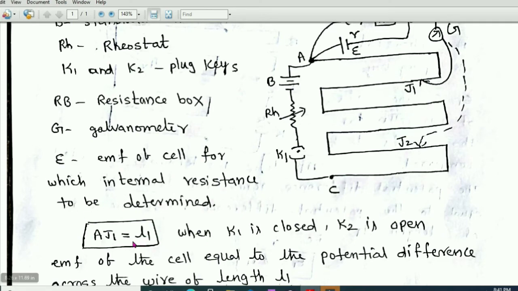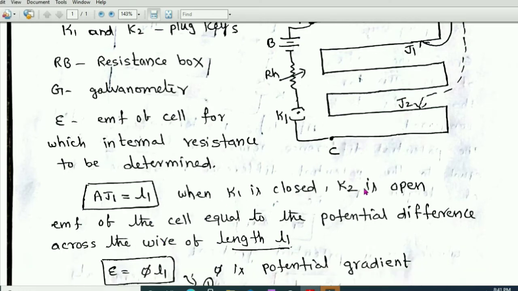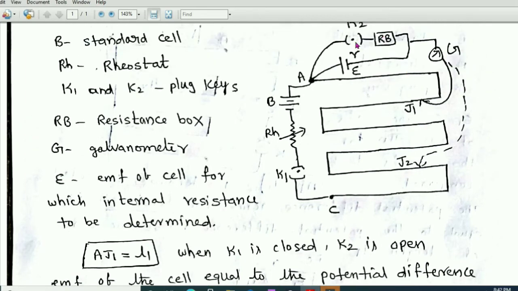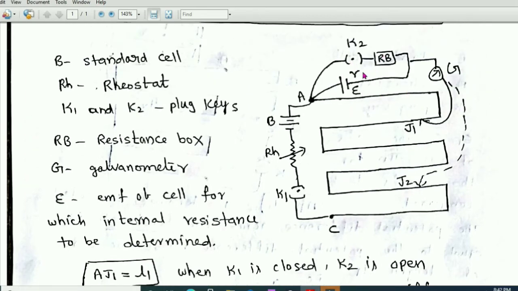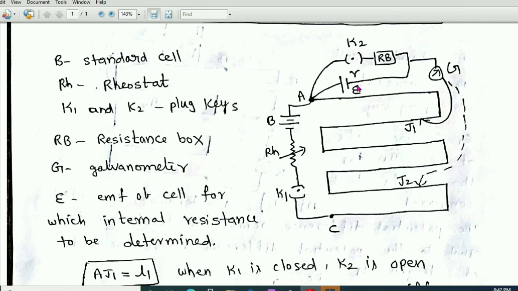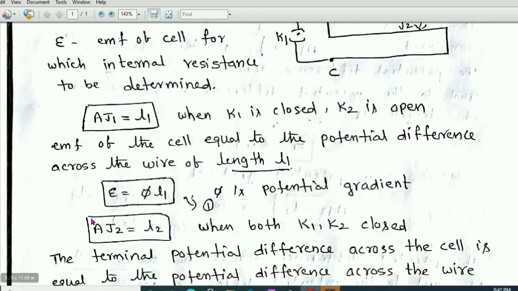AJ1 equal to L1 is the length of the potentiometer wire when K1 is closed and K2 is open. K2 open means it becomes an open circuit. The potential difference of the cell when it is in open circuit is called EMF, as we have already discussed. In that case, the EMF of the cell is equal to the potential difference across the wire of length L1.